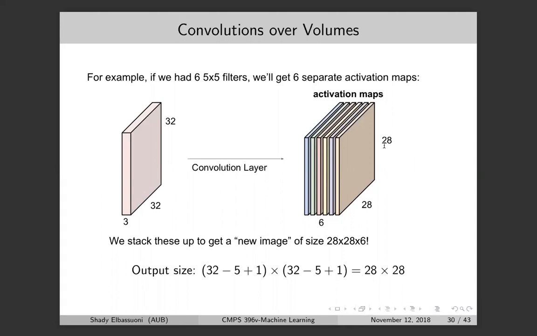How many parameters do I have in total? Any thoughts? Each 5 by 5 filter is how many parameters? 25 by 6, you said? 25 by 6 is correct, except that it's a volume. Don't forget the volume.